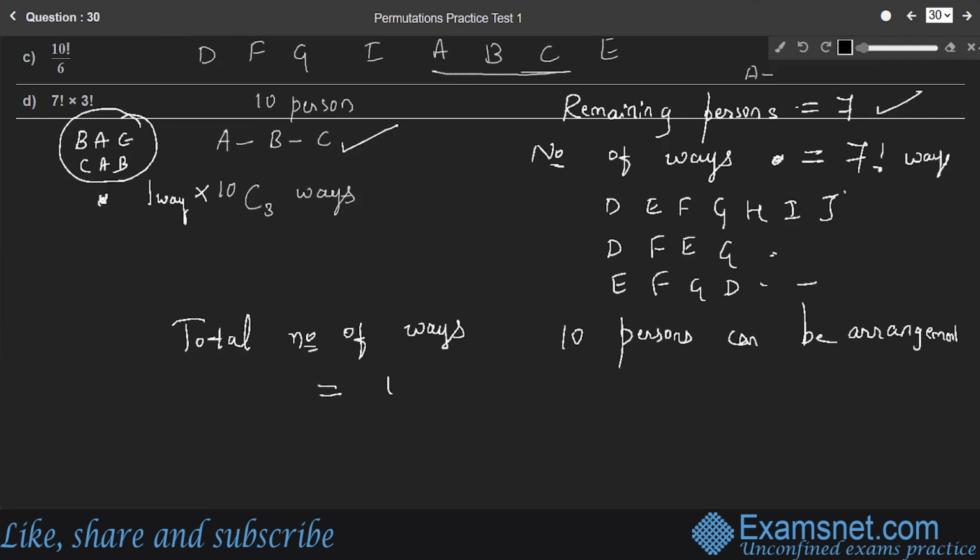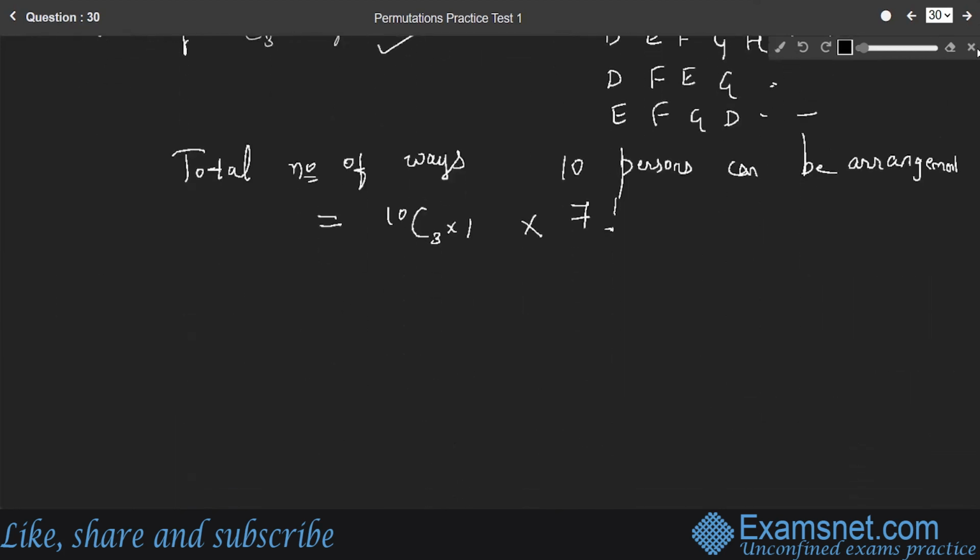It is equal to 10C3 into 1, the number of ways in which these 3 persons can be selected, into factorial 7, the number of ways in which the remaining 7 persons can be arranged.